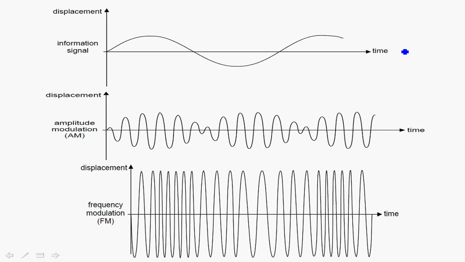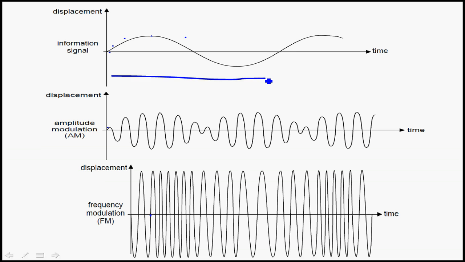What that means is, let's say you have a displacement signal like this. How much the amplitude varies or how much the frequency varies is given by the displacement signal. Let's say your audio signal is 5 kilohertz. If your audio signal is 5 kilohertz, then you are supposed to vary 5,000 times in a second.